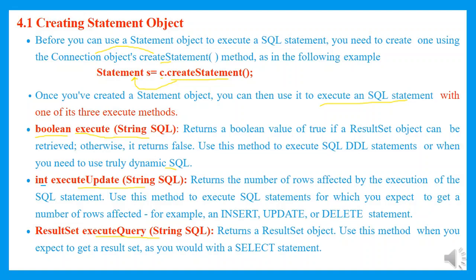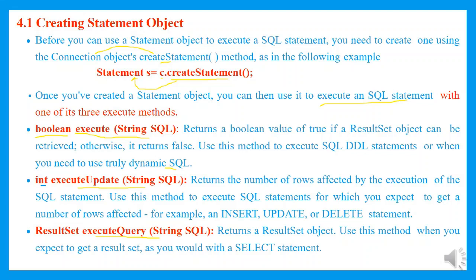For example, if I want to perform insert, update and delete statements, then I will make use of executeUpdate. It is mainly used to perform manipulation on the table. It means I want to insert a value into the table, delete a value from the table, or update a value in the table. In that case, we make use of executeUpdate.